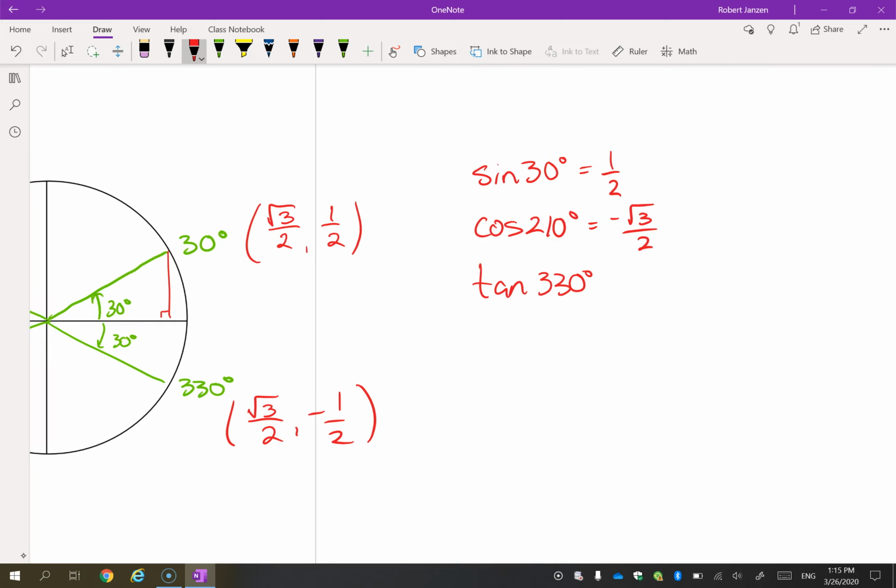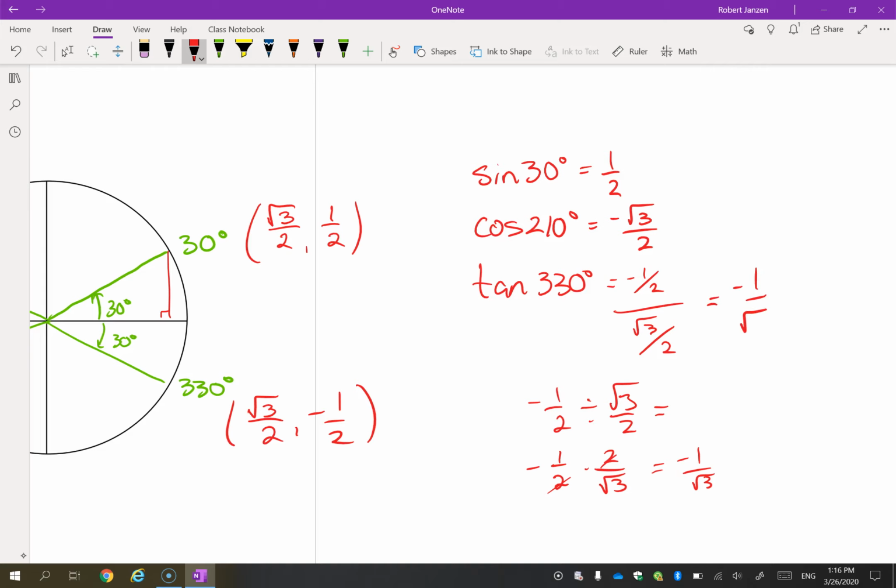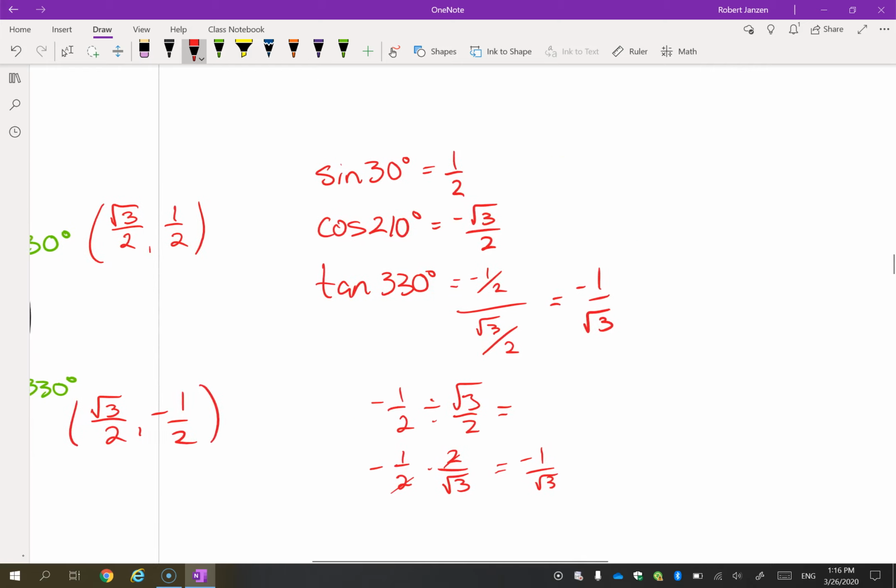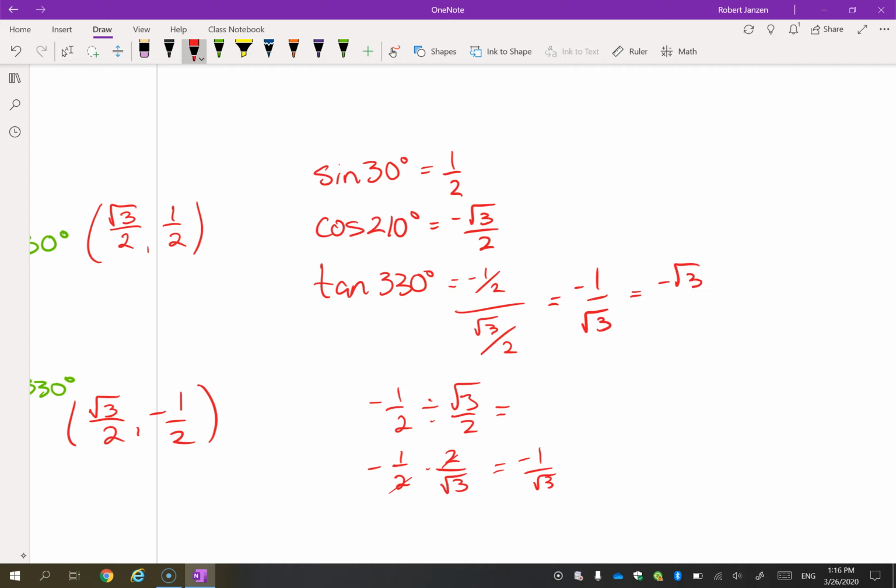So you would take the y value, -1/2, divided by √3/2. Okay, now if you want to write that out, -1/2 divided by √3/2 is -1/2 times 2/√3, and you end up with -1/√3. Which, if we rationalize the denominator, would give you -√3/3. Okay, you should know that these are the same.